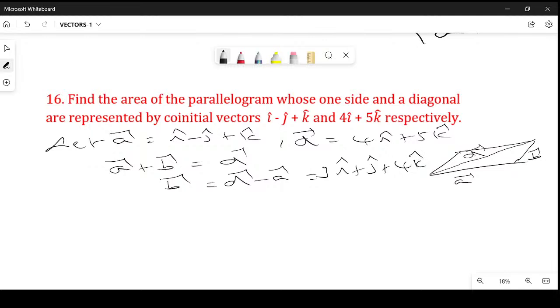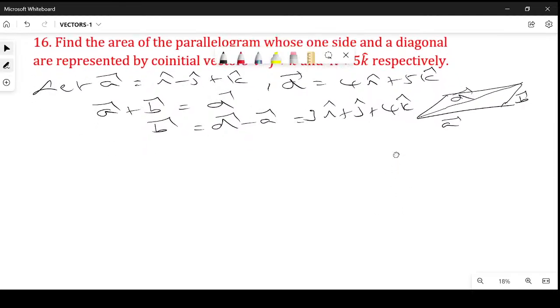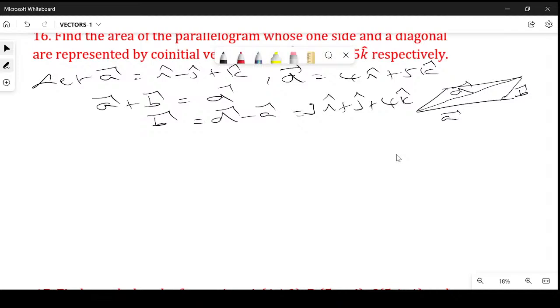Correct. When they are asking the area of the parallelogram, because we know a bar and b bar are adjacent sides, I can find the area of the parallelogram as mod a bar cross b bar. First we find a bar cross b bar.